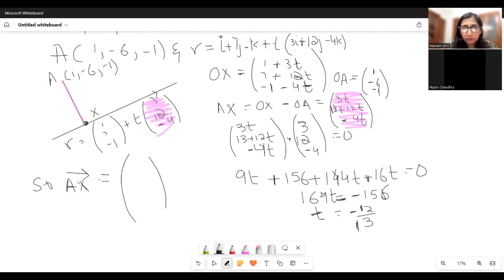So 3 times minus 12 by 13 is minus 36 by 13. Then 13 plus 12 times minus 12 by 13 is 25 by 13.